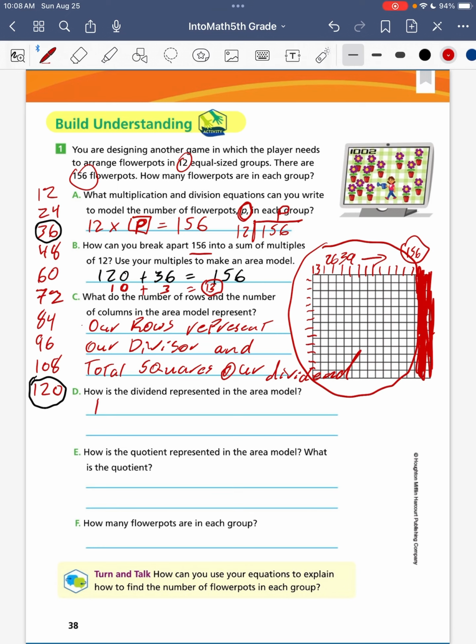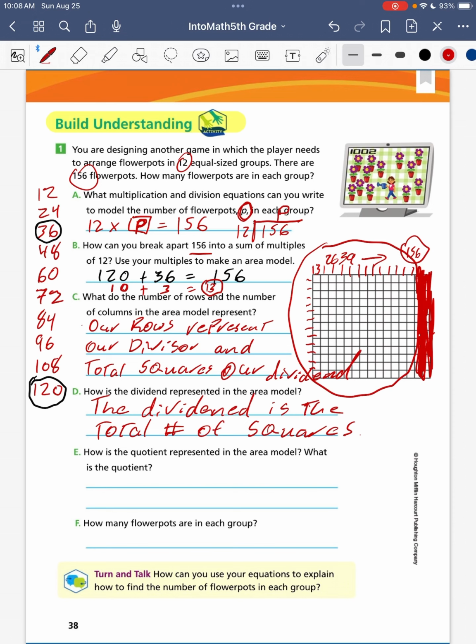The dividend in our array model here is the total number of squares. Our dividend is always our total, the largest number that we have.